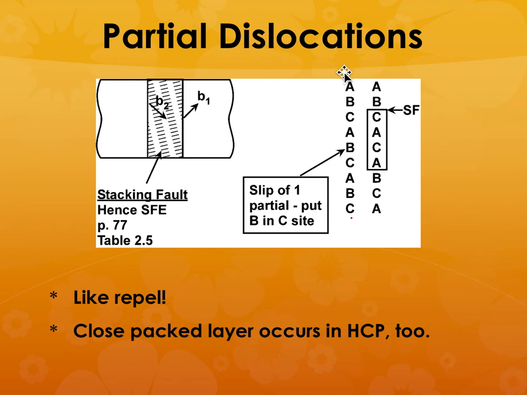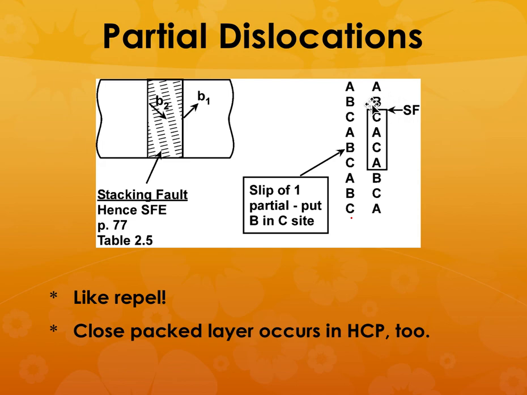So if you have ABC, ABC, that is the stacking sequence of the FCC lattice. And suddenly you are going to be creating a situation where the B layer becomes the C layer. So the B layer will slip over and become the C layer.